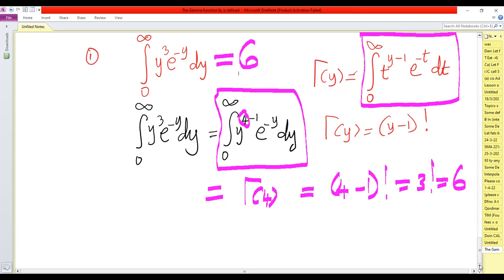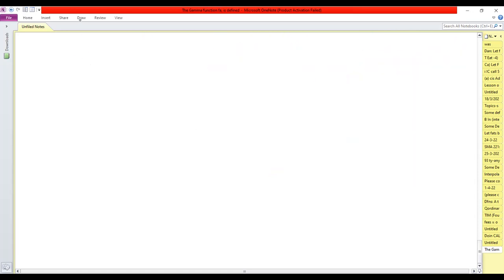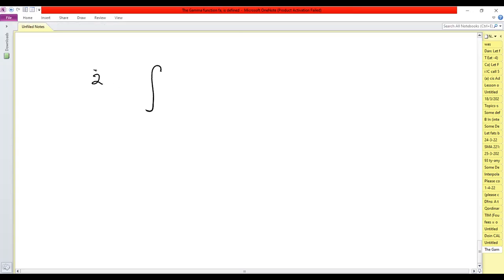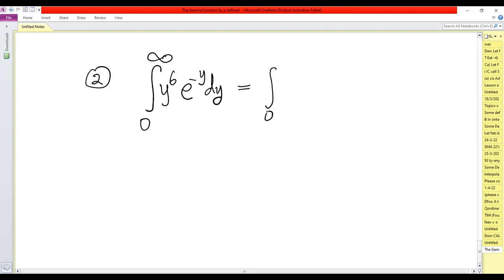If that didn't make sense, now concentrate on this second part. So the second part of the problem is to evaluate the integral from 0 to infinity of y power 6 e raised power minus y dy. So we can write this one as integral from 0 to infinity y power 6, which is the same as 7 minus 1, e raised power minus y, and then dy.